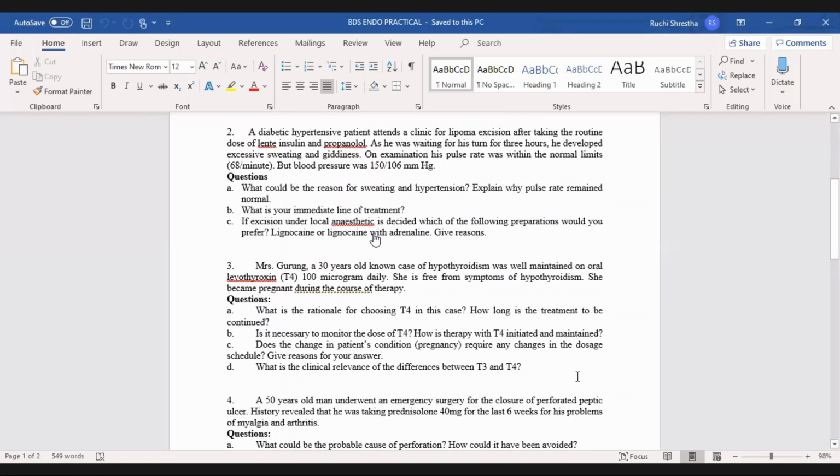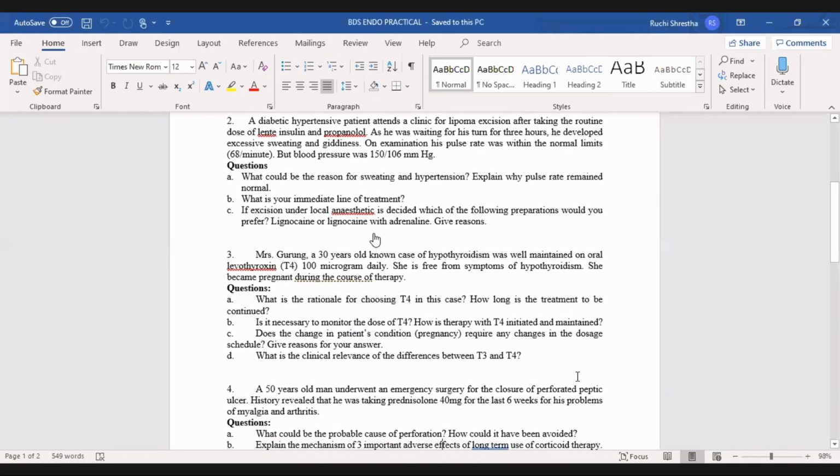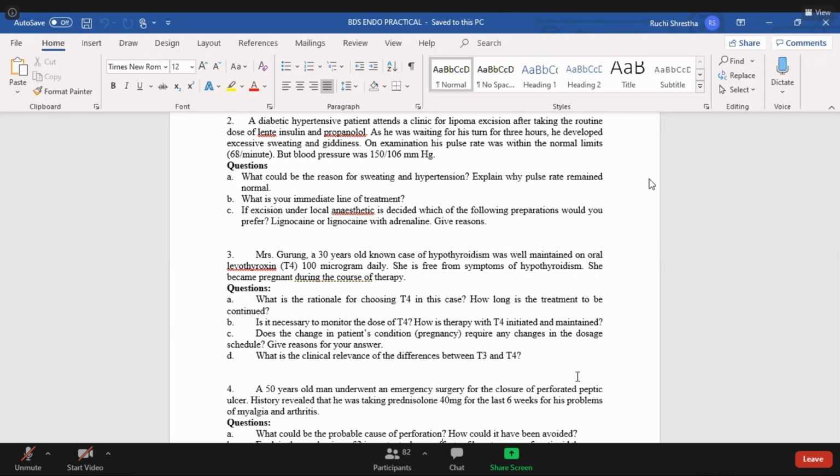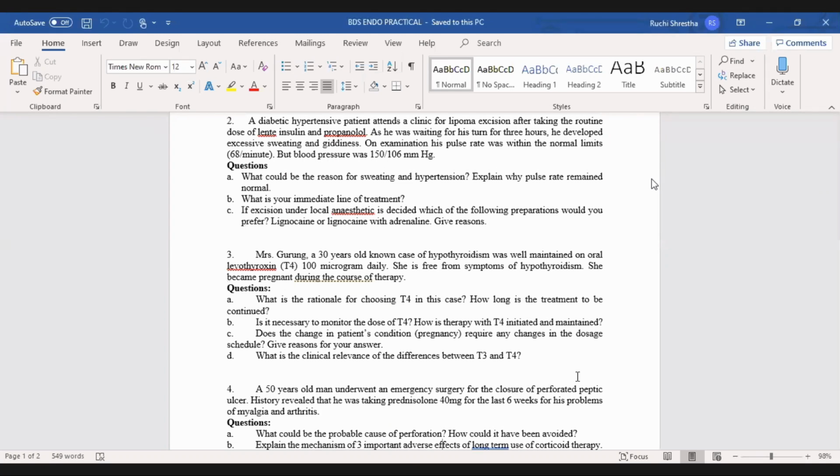Continuing with the clinical question, Mrs. Gurung. This is not in MBBS, it's only in BDS, but it's important as well. Mrs. Gurung, a 30-year-old known case of hypothyroidism, was well maintained on oral levothyroxine 100 microgram daily. She is free from symptoms of hypothyroidism.